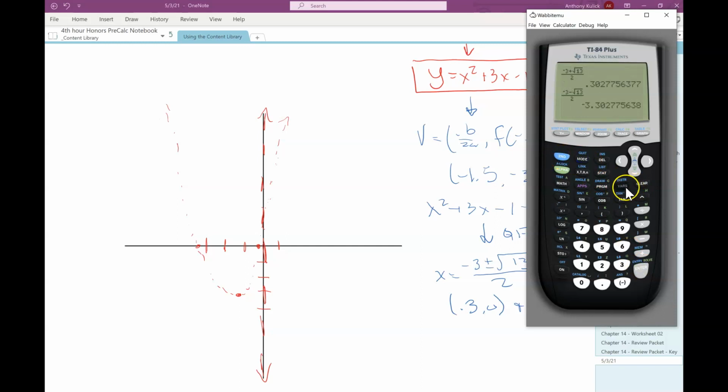That's not going to work for us. So go back out to the main menu, y-vars, function, y1, and we're looking at the left-hand side of 0, so maybe negative 0.1. That's positive, and just to make sure, let's get a little closer, so we'll do negative 0.01.